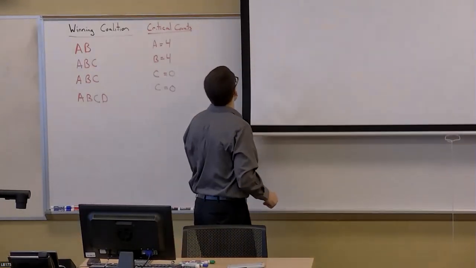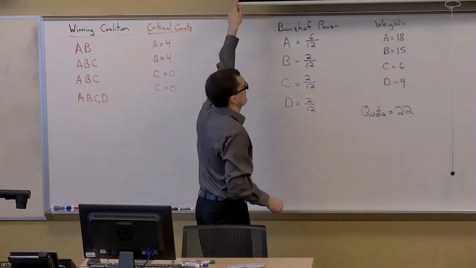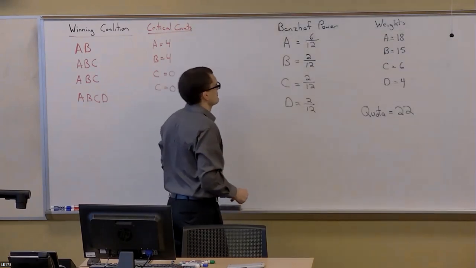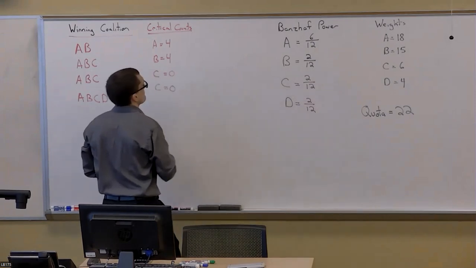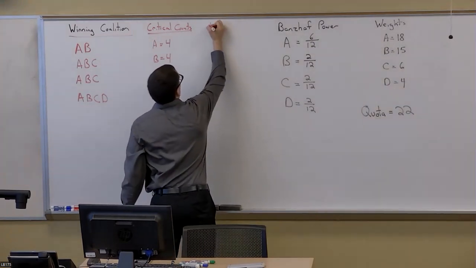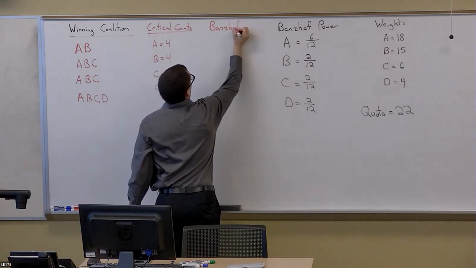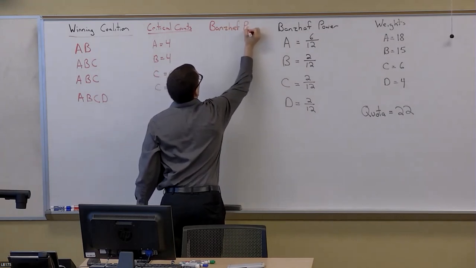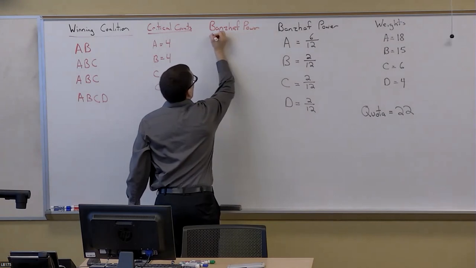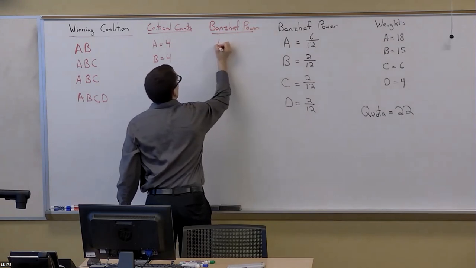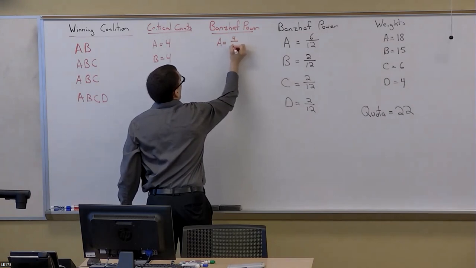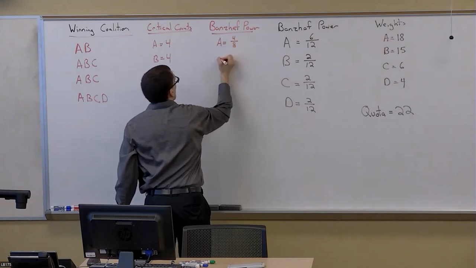So those are my critical counts. Again, if the quota was 30, the Banzhaf power in this scenario is: A would have half the power, 4/8.